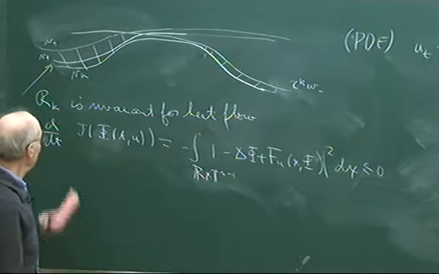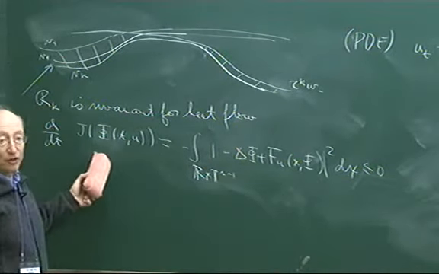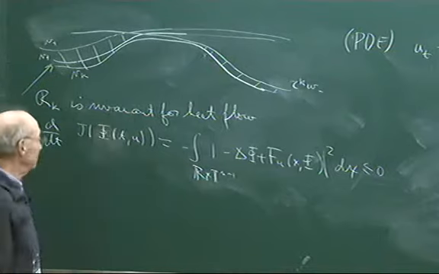In other words, J is a Lyapunov functional for the heat flow.